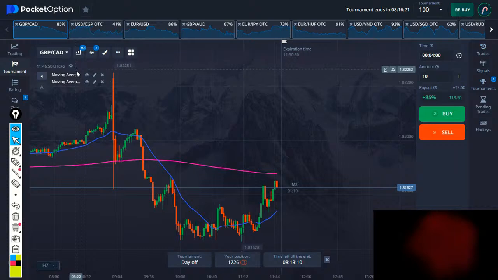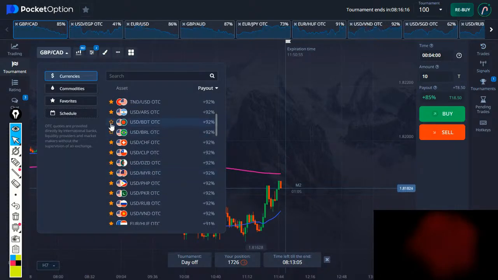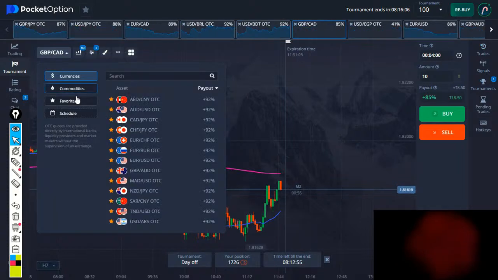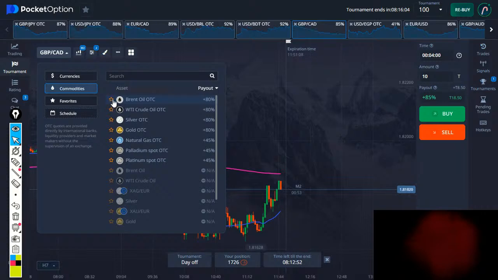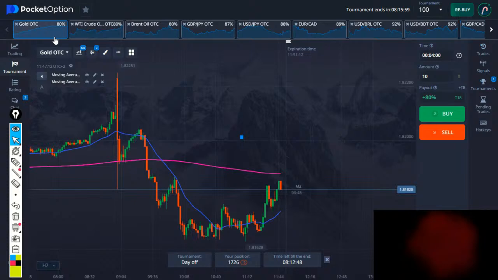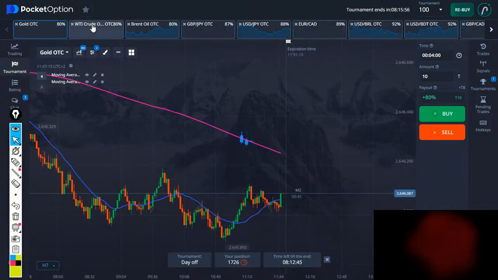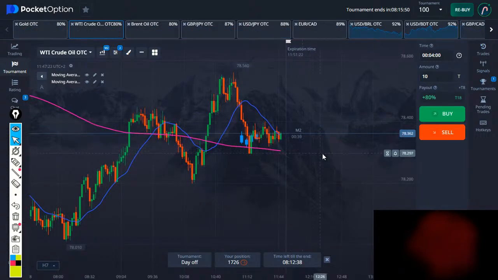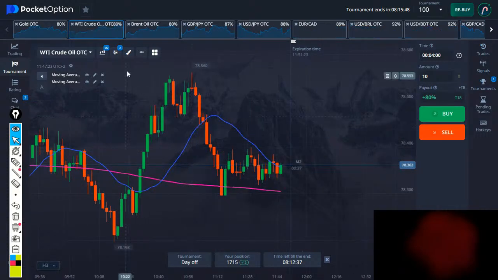Okay, let me see if I can add a few more trades over here, pairs, I mean. Right, let me see if we have something in the commodities. Somewhat low payouts, however, I'll add them, no problem. This is nice for a trade to the upside on WTI crude oil.